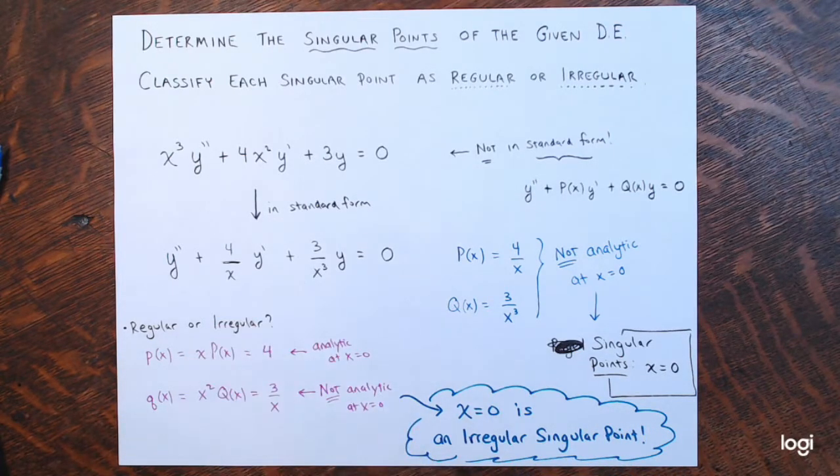So again, pretty straightforward, just following the definition. And that's all the rest of the examples are going to be like. Now, like I said, my examples in this video are just going to deal with polynomials and rational functions. But just know that you may come across, like I said earlier, something like the sine of x divided by x, and you might think, oh, that's not defined at x equals 0, but it is analytic there.